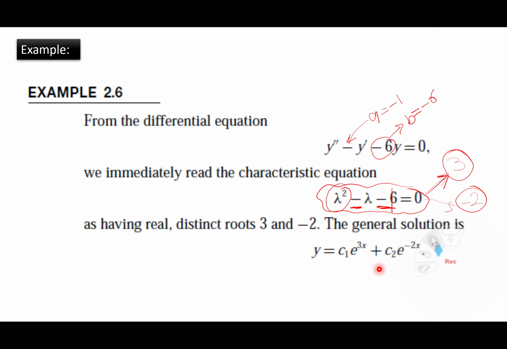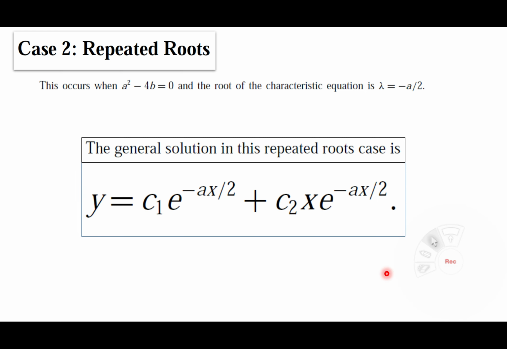I think that it's not difficult at all for anyone to solve the constant coefficient case for the differential equation in that shape. Okay. Now let's go to the second part, or the second case for our roots. If you remember, we said that if the term under the radical, which is a squared minus 4b, is larger than 0, then we are going to have real distinct roots.